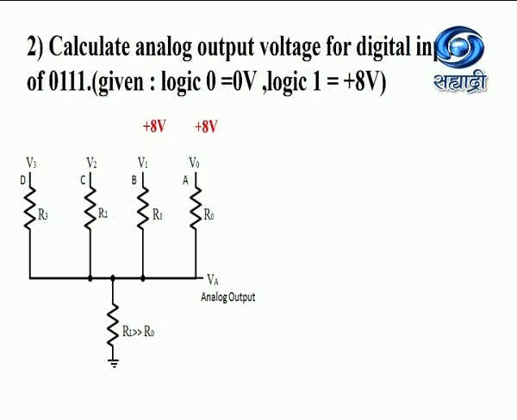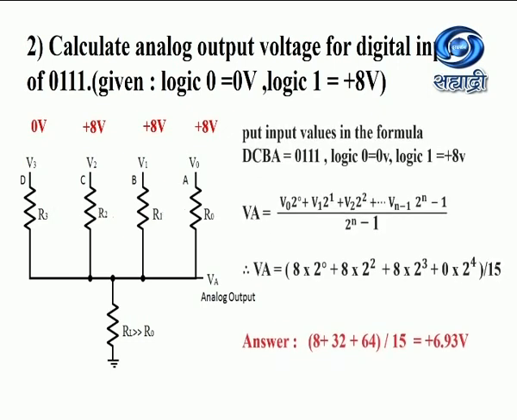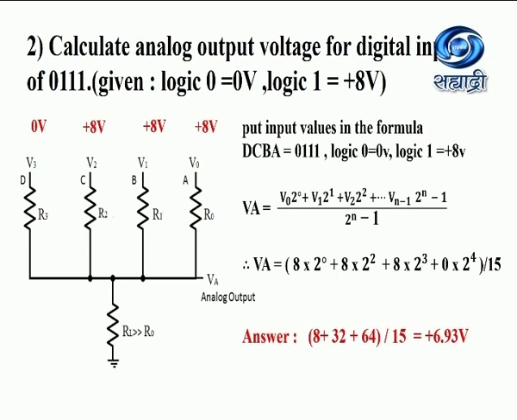Then 8 volt is applied to B because B is also 1. C is also 1, so 8 volt is applied to C, and D is 0 because the bit applied to D is 0. That's why V3 is 0 volt. So if you put these values in the formula with DCBA equal to 0, 1, 1, 1, then we will get VA as 8 into 2 raised to 0 plus 8 into 2 raised to 2 plus 8 into 2 raised to 3 plus 0 into 2 raised to 4.